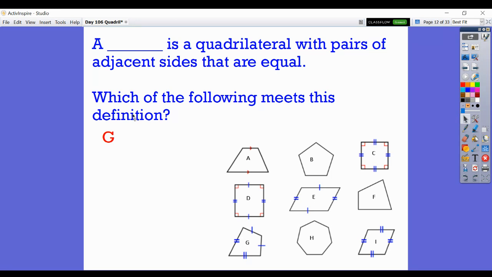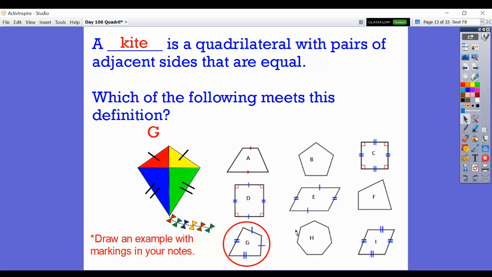And what is that shape? It is a kite. And it kind of looks like a kite. That's why it's called a kite, because a kite is in the shape of a geometrical kite shape.